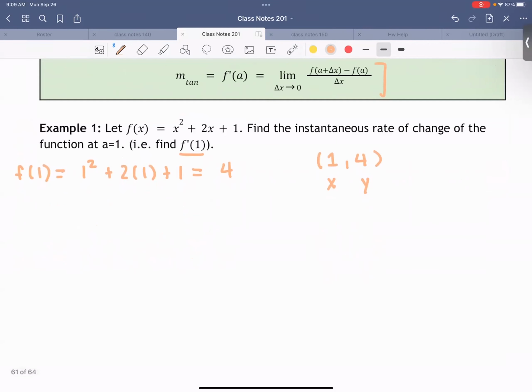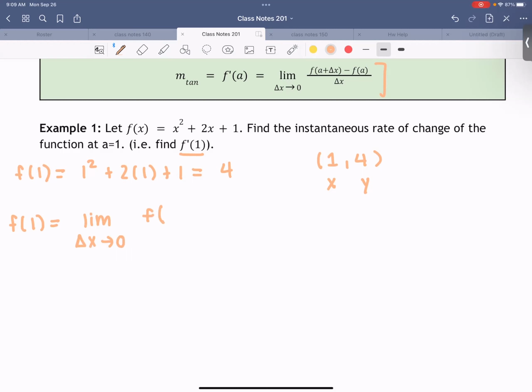Okay, so I know that f prime of 1 is the limit as delta x goes to 0 of f of, okay, what is a here? Not 4, but 1. It's not delta x, it's actually 1.